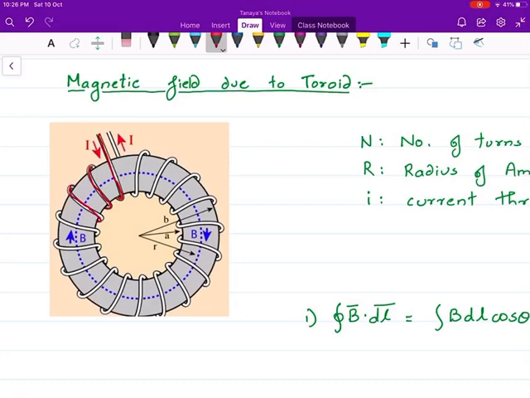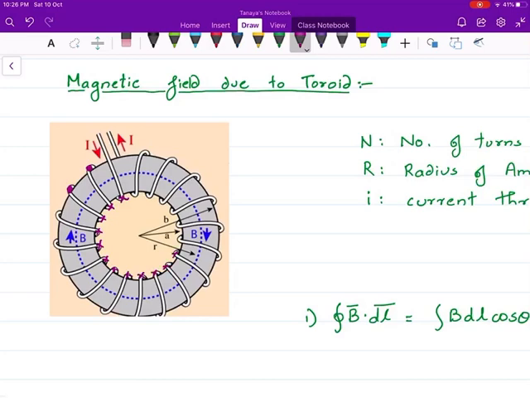So if I have to show the direction of the current, how am I going to show it? It's going inside over here, so I'll put a cross; coming out, a dot; going inside, cross; coming out, dot.